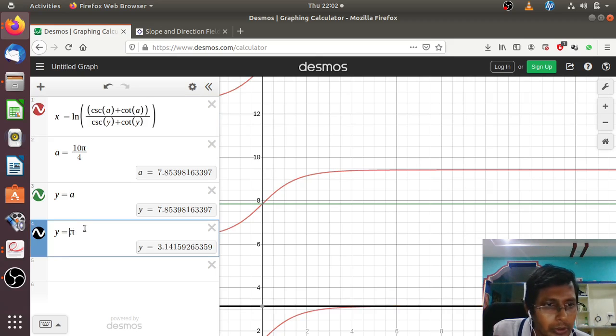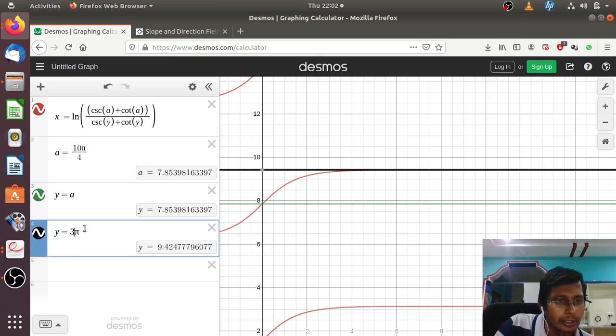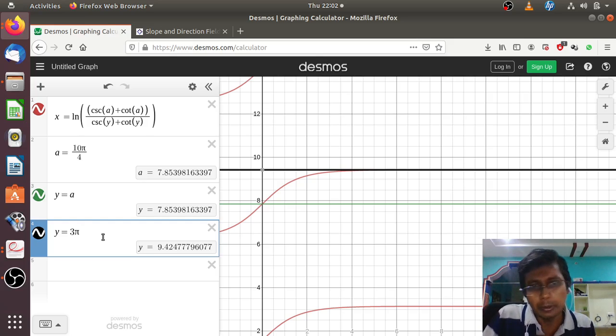Is it something like, yeah, it's 3 pi. Interesting. So basically what I have understood is that the final value of x depends on the initial condition.